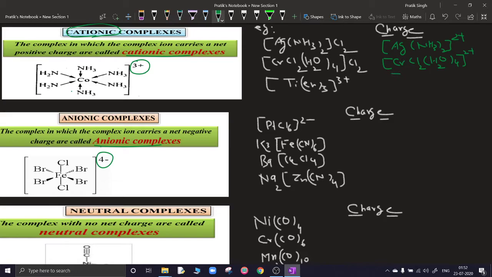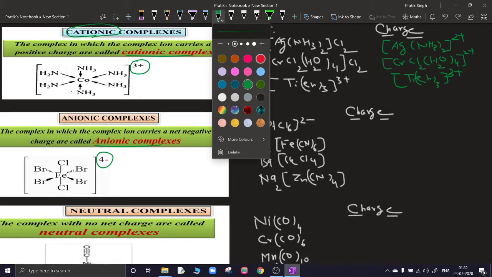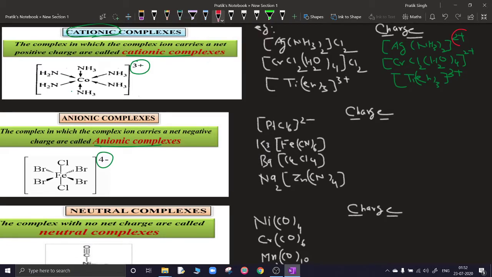Then this is directly written titanium ethylene diamine 3 times, and the charge is 3 plus. Are we able to find the charge? Yes. The common charge is positive, and since it is positive, it is referred to as a cationic complex.